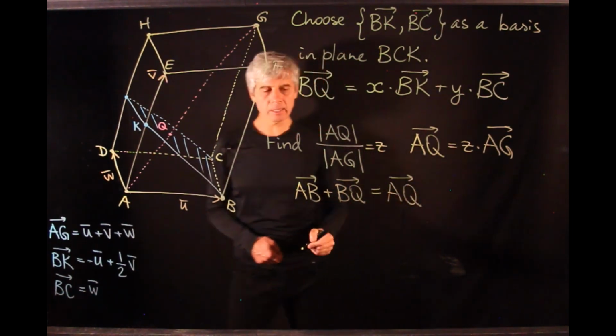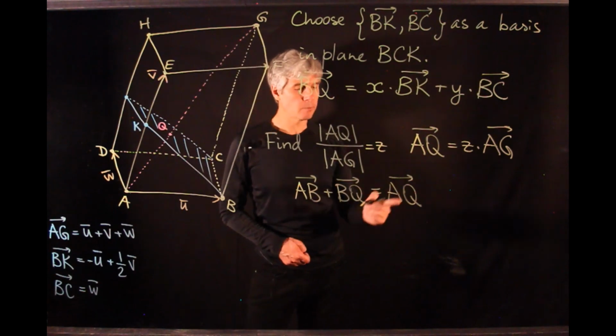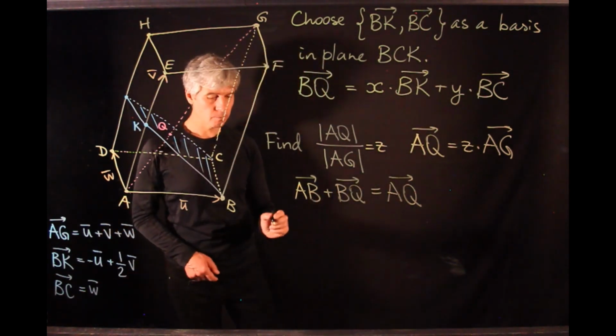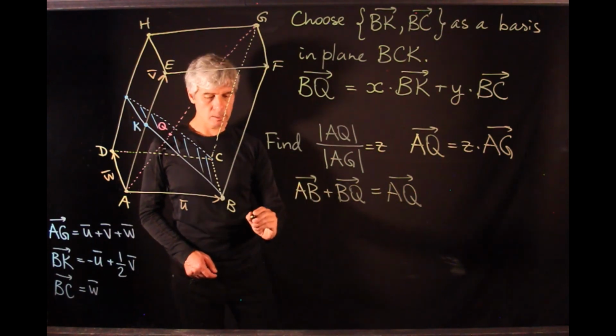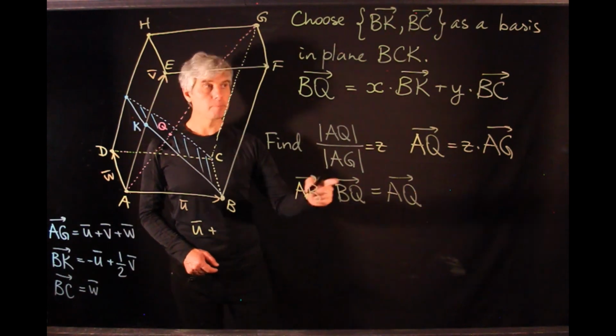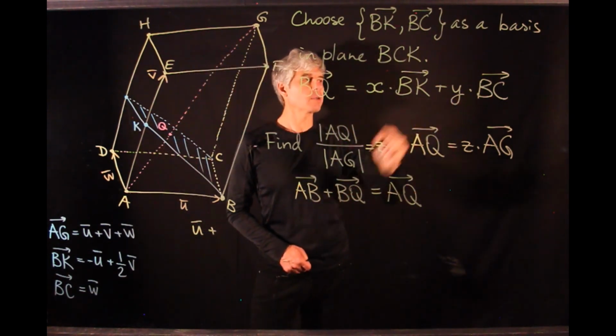And now let us start putting everything together. We're going to substitute here our expressions for all these vectors in terms of basis vectors. AB is simply equal to u plus BQ. BQ is x times BK plus y times BC.